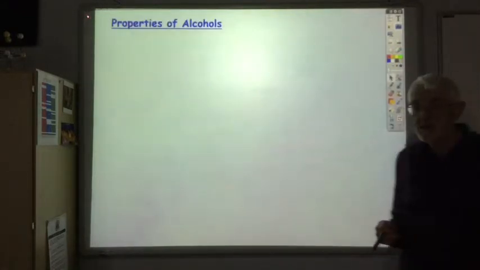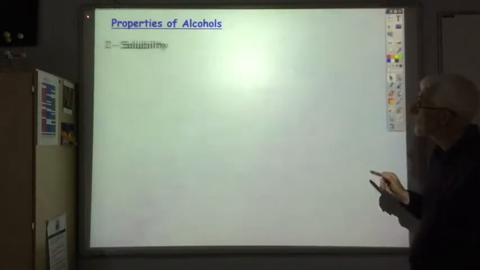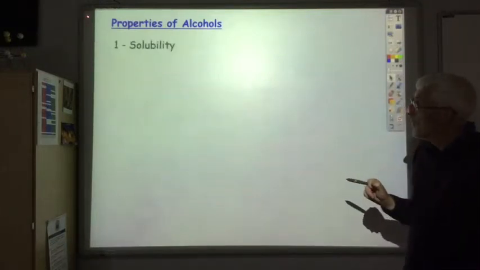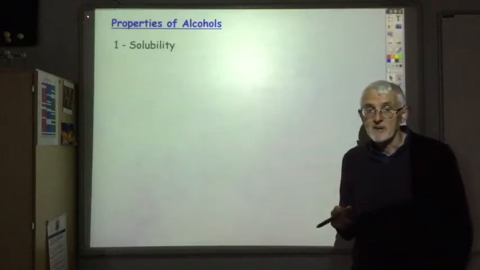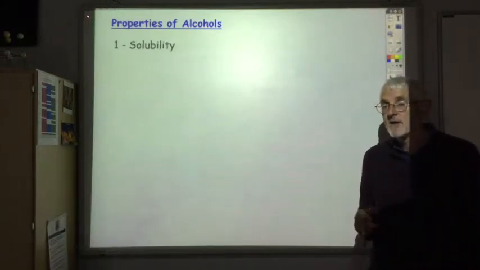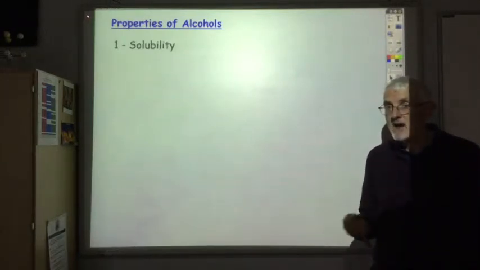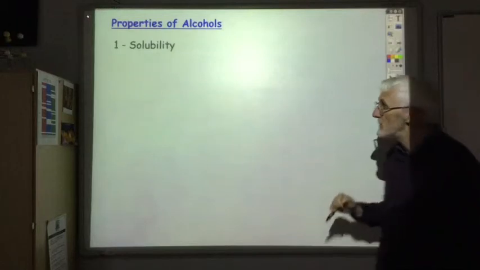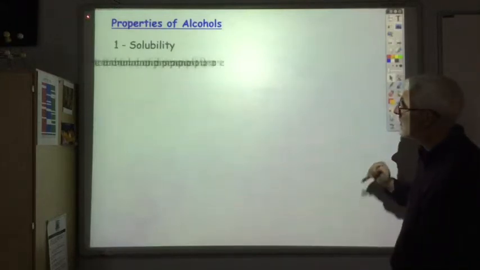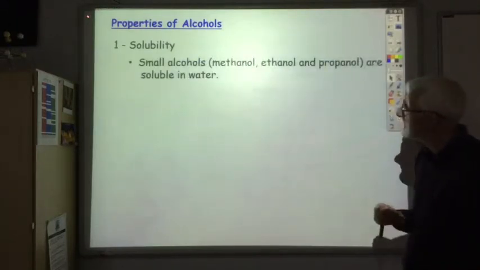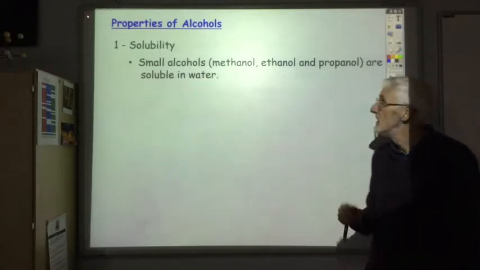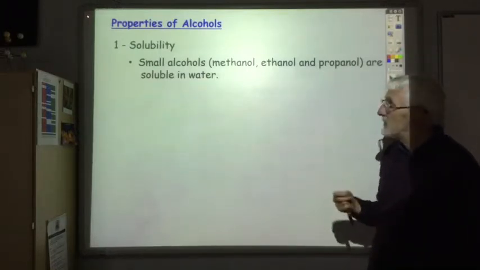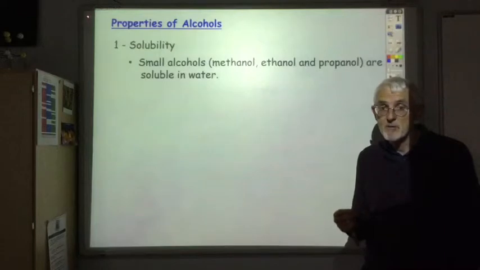Okay, what about the properties of these alcohols then? The first thing that's worth commenting on is the solubility. Now remember the alkanes, alkenes and cycloalkanes that were just made up of carbons and hydrogens were all insoluble in water. What we find for the alcohols is that the small alcohols, in particular methanol, ethanol and propanol, are soluble in water.